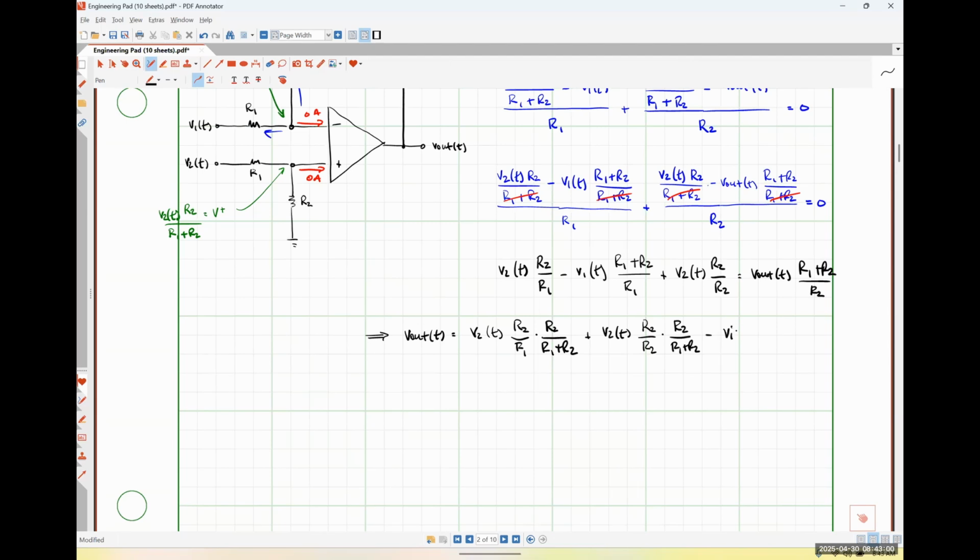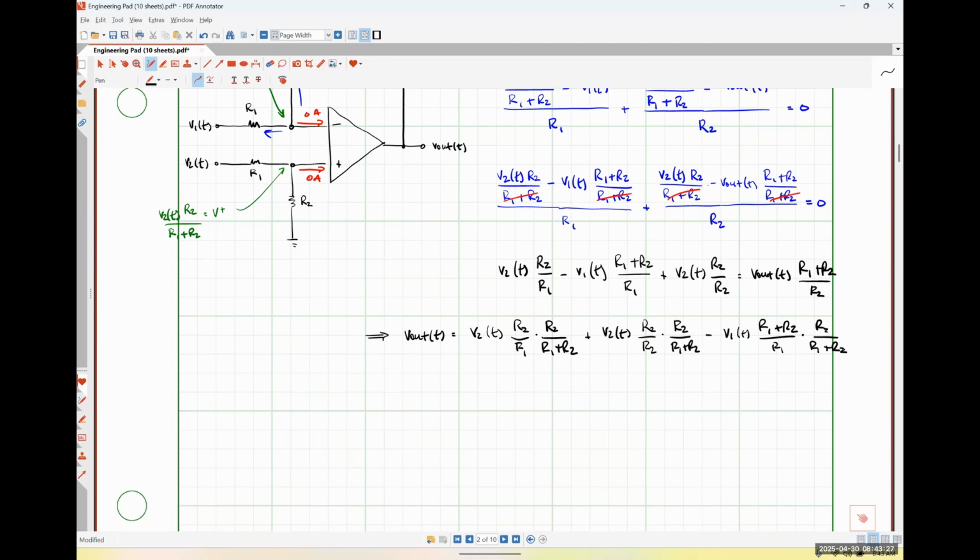minus V1 times R1 plus R2 over R1 times R2 over R1 plus R2.